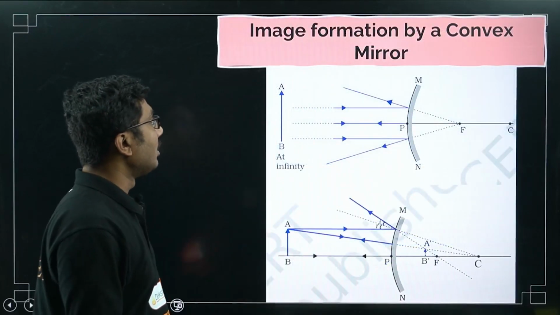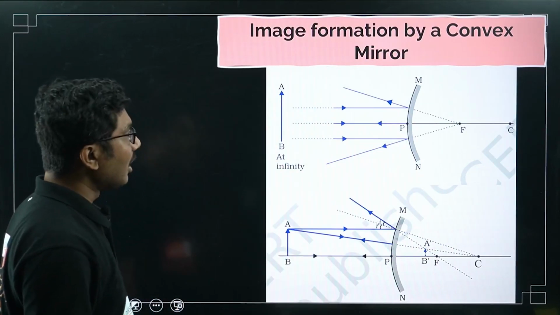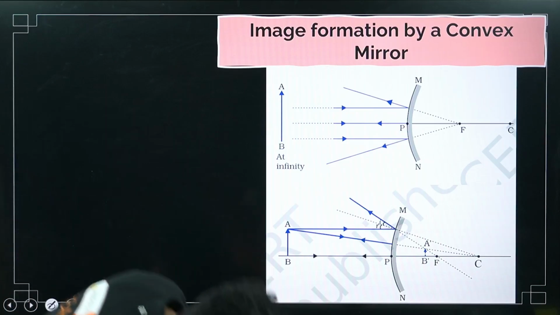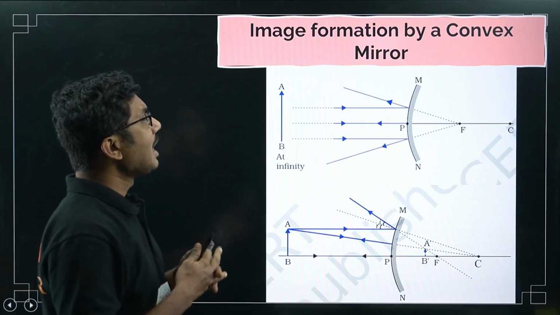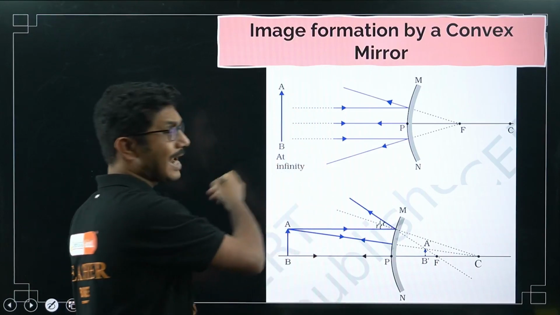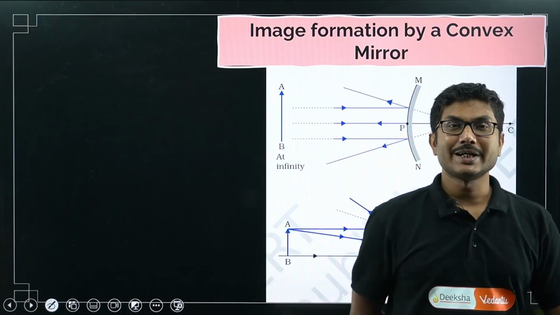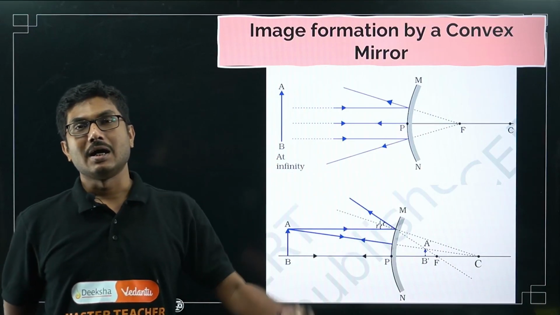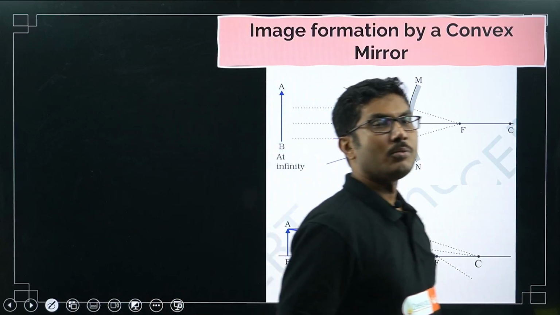Right now, image formation by a convex mirror. There are a few cases for a convex mirror. In the first case, there is an object which is at infinity. What is the meaning of infinity? Infinity means the object is very far away. For example, you can take the moon, which is located very far. For Earth, it is almost at infinity.